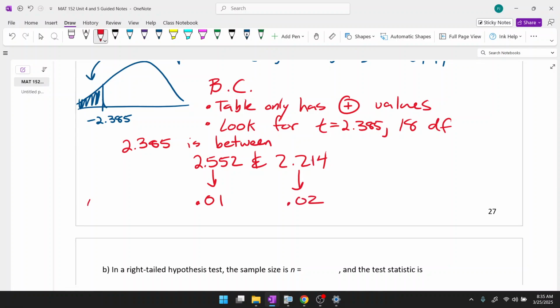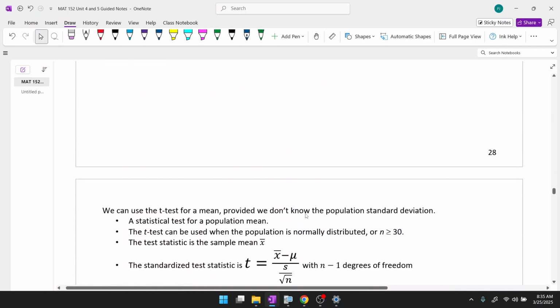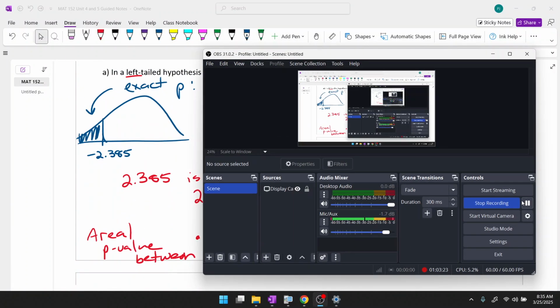And so the area, or the p-value, is going to be between these two values. So I'll have to stop this video here and just continue it at a later time.